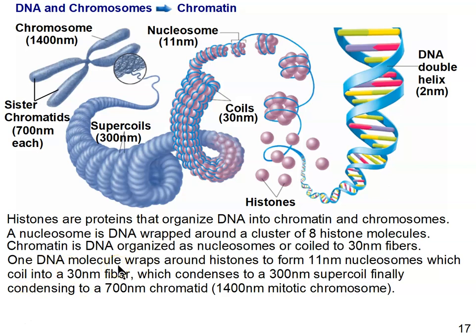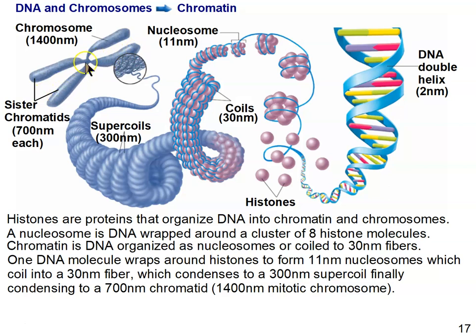One DNA molecule wraps around histones to form 11 nanometer nucleosomes, which coil into a 30 nanometer fiber. And again, that's chromatin. And then it doesn't do this until it's time for the cell to divide. That's when the chromatin, which again ends here at 30 nanometers, supercoils into these 300 nanometer fibers, which then pack and condense even further into 700 nanometer chromatids.